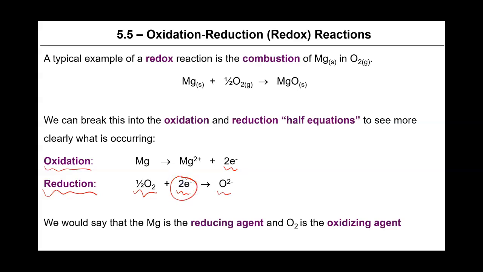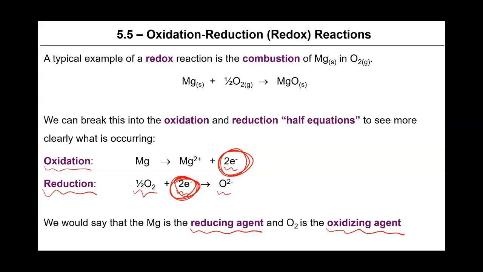There is another way of describing what is happening to each reactant. We can say that magnesium is functioning as the reducing agent because it provides the electrons that reduce the oxygen. And we can say that the oxygen is functioning as the oxidizing agent because it consumes 2 of magnesium's electrons.